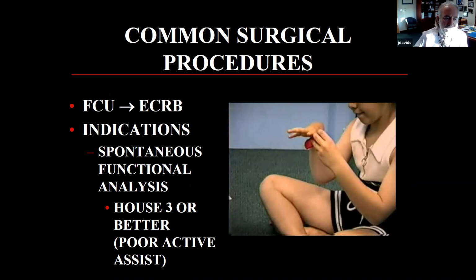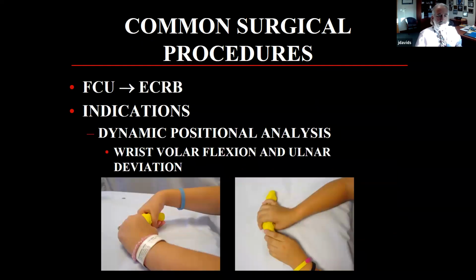When considering flexor carpi ulnaris to extensor carpi radialis brevis transfer, the indications within the framework of the SHOUE are a spontaneous functional analysis score of 3 or better. That means the hand is functioning at least as a poor active assist or better. The dynamic positional analysis score should show consistent wrist volar flexion and ulnar deviation.